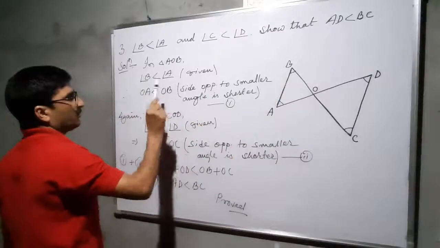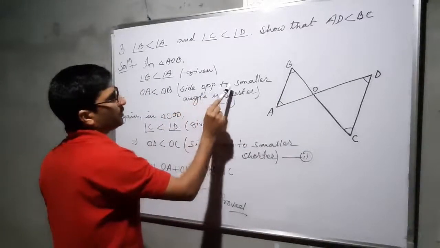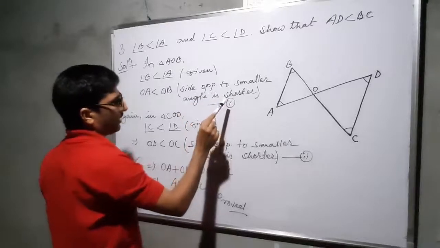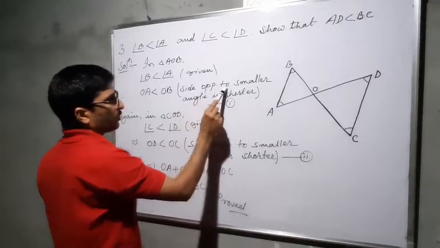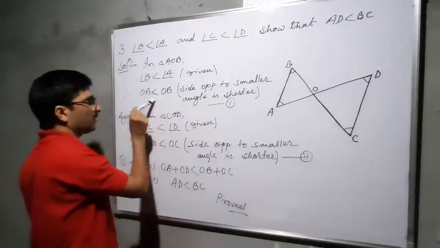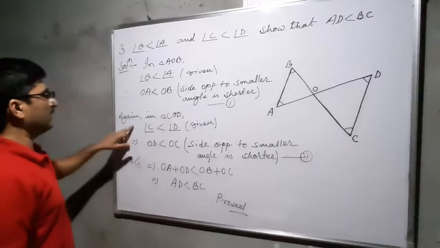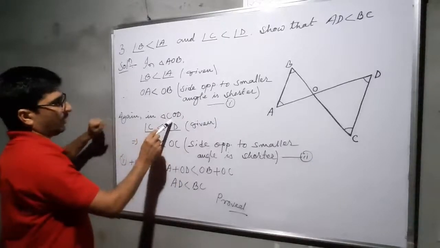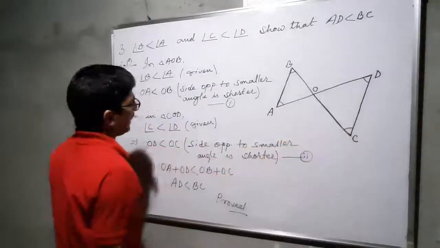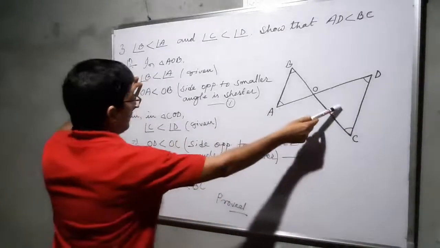The theorem which we have learned is written this way: the side opposite to the smaller angle is shorter. Now in triangle COD, we apply the same system.